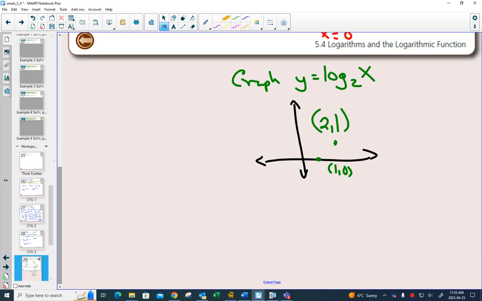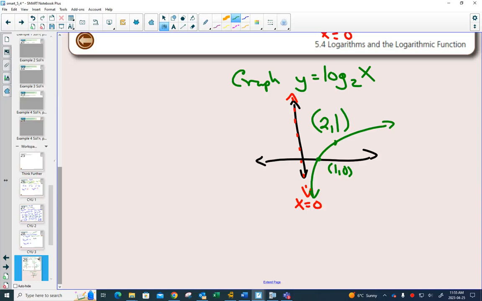And every log graph has an asymptote at x equals 0. There is the shape of my log graph. So you don't need to first graph the exponential graph to graph the log graph. I'd like you to be able to graph it directly.